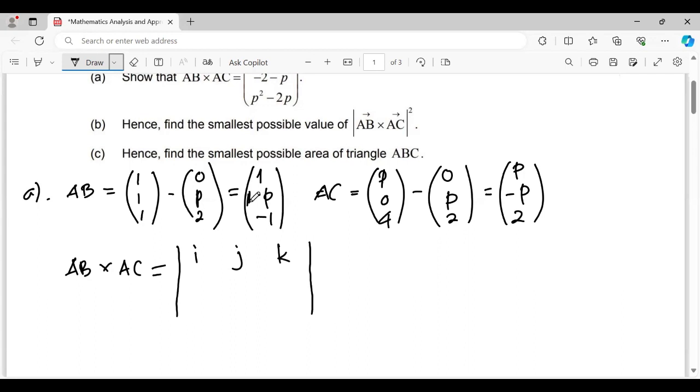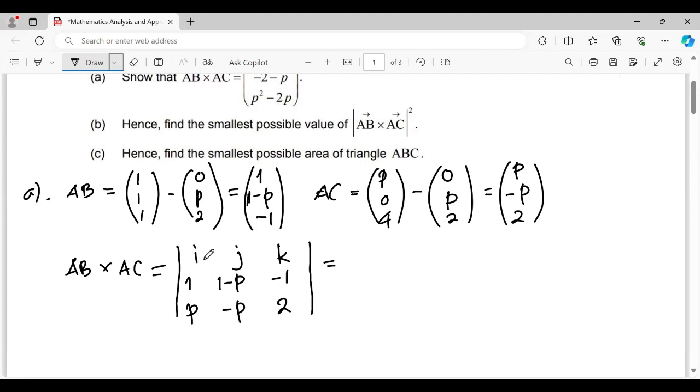The first row is 1, 1 minus p, and minus 1. After that is p, minus p, 2.